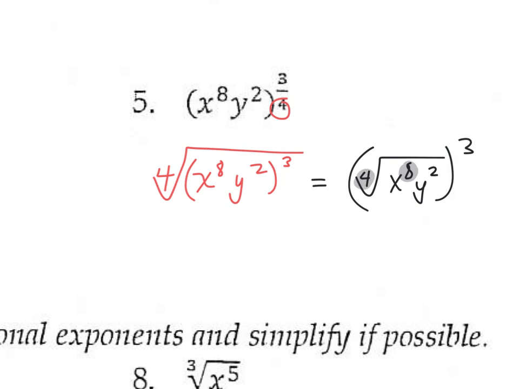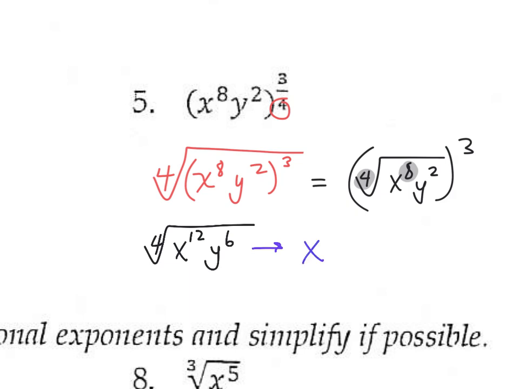Now, because we have a radical with an exponent larger than the index, we know that we can simplify this. So one thing we can do is apply our exponent, that 3, to everybody inside. We can write this as the fourth root of x to the 12th, y to the 6th. And then we can keep going here. It feels strange, but sometimes it's advantageous to rewrite this back in exponential form.